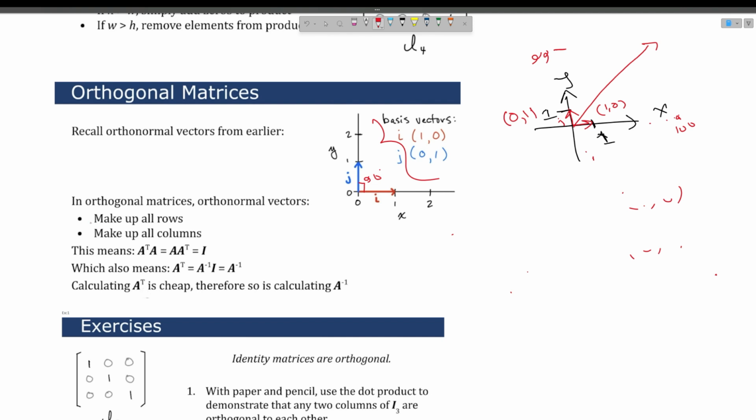You can see in orthogonal matrices we have orthonormal vectors which make up all rows and all columns. This means that A transpose multiplied with A equals A into A transpose equals the identity matrix.